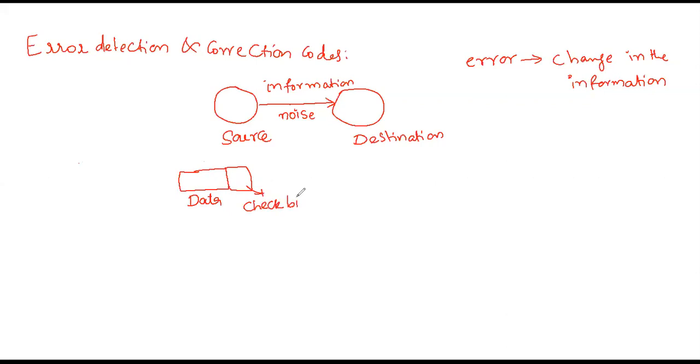Check bits are useful to identify whether the information has error or is error free. This data plus check bits combined is called a code word. So from the source, we are transmitting the code words.